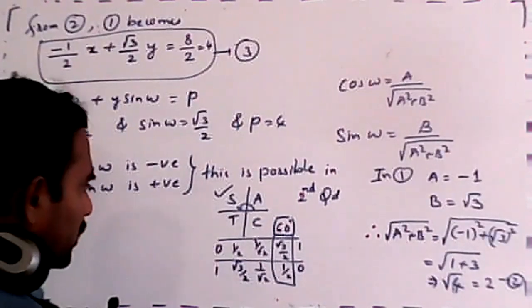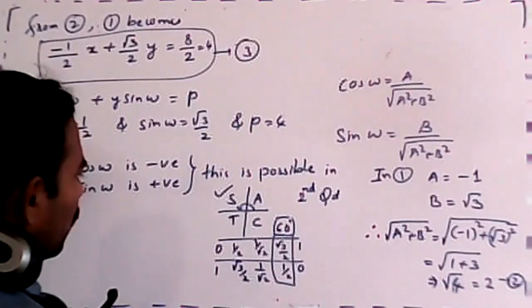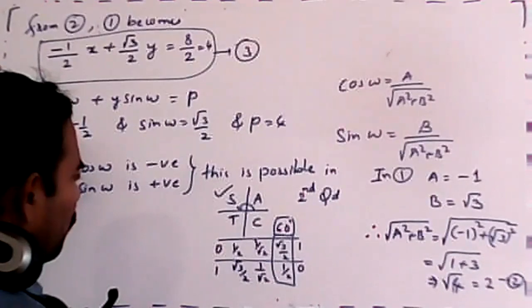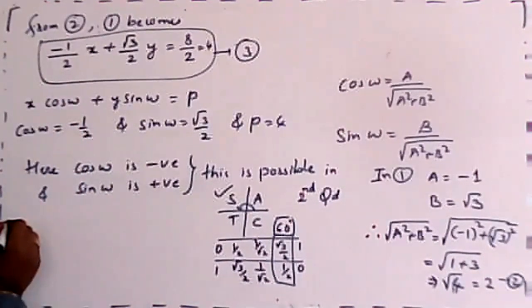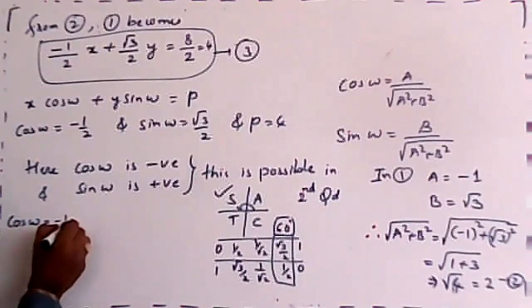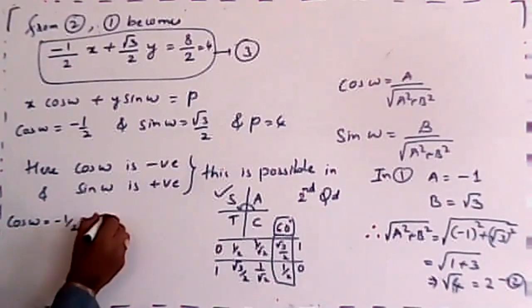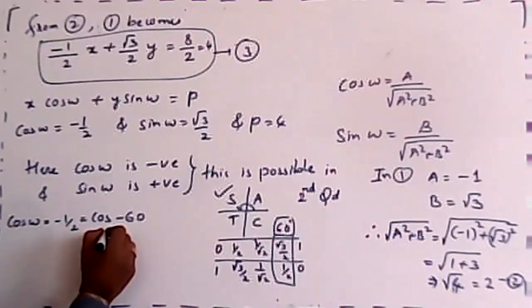That is cos minus 60 degree. I can write cos minus 60 in another way. How? 180 minus 60. Then I will write what? Cos omega is equal to minus 1 by 2, nothing but it is cos of minus 60 degree. Correct now?